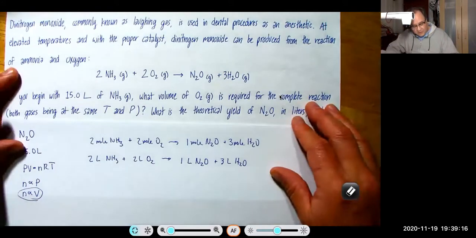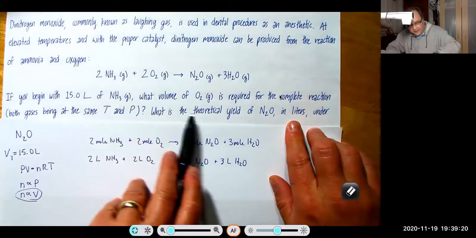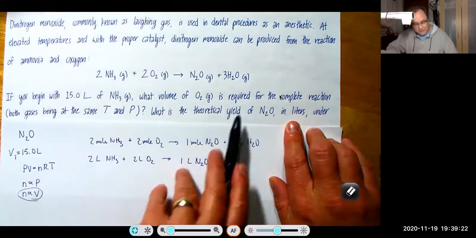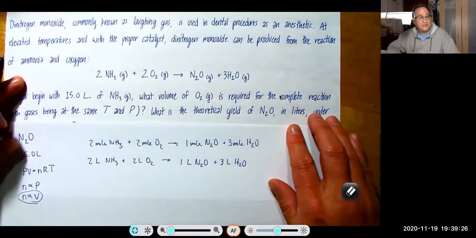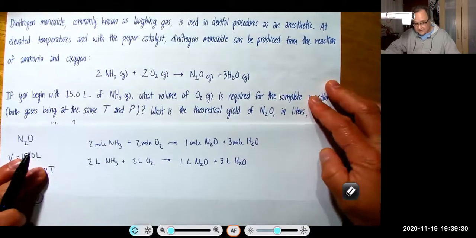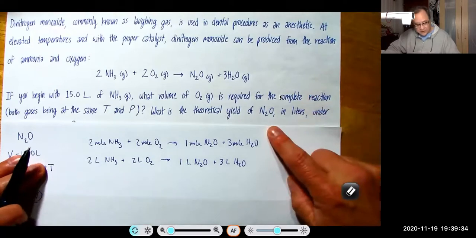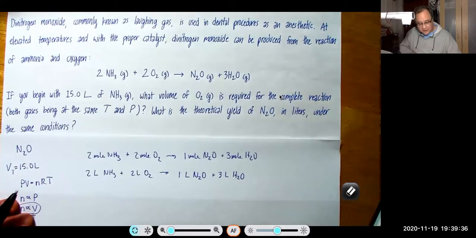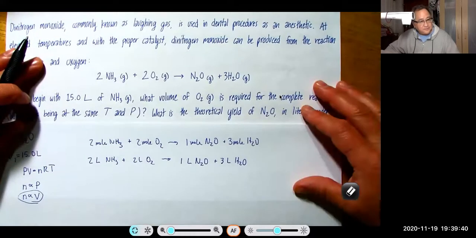If you begin with 15 liters of ammonia, what volume of O2 is required for the complete reaction, both gases being at the same temperature? What is the theoretical yield of N2O in liters under the same conditions? First, I'm going to calculate the volume of O2.